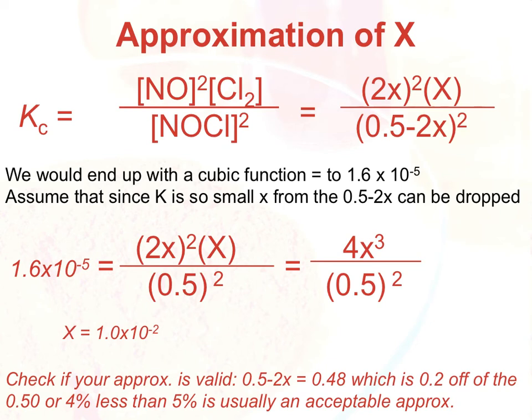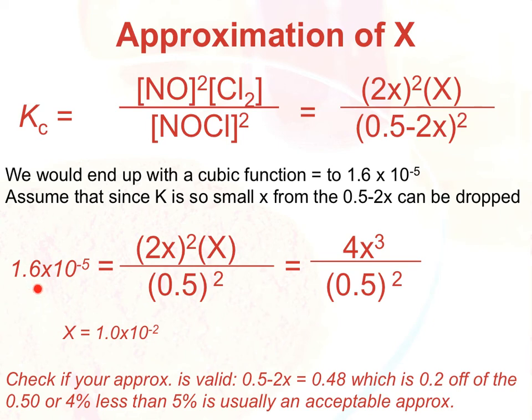Okay, so the reason why we can drop it here is that the equilibrium constant is so small that the change in concentration of your reactants upon reaching equilibrium is very tiny, so it's a negligible thing and basically leads to something we can ignore. Okay, so instead of plugging in 0.5 minus 2x, we're just going to plug in the 0.5 value.